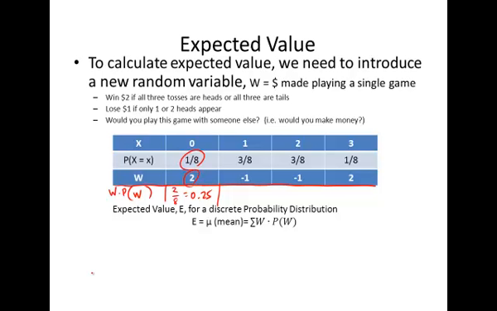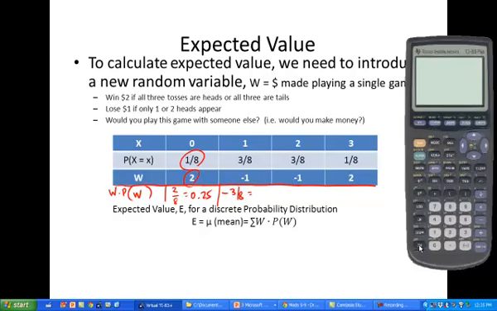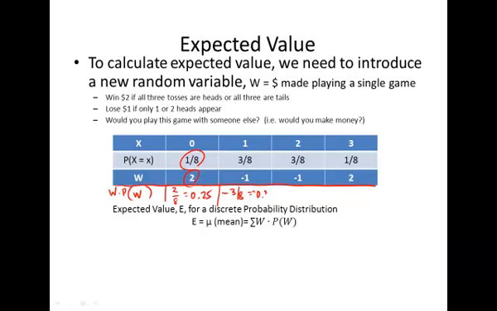Here we get -3/8, which is -3 divided by 8, which is -0.375. This is also -0.375, and this is going to be positive 25 cents.